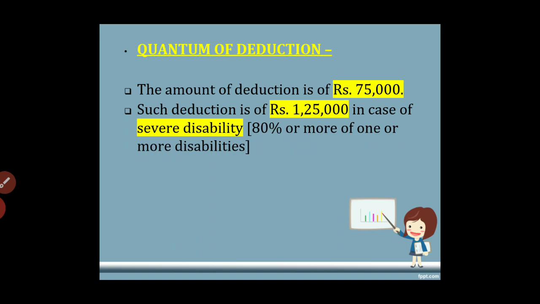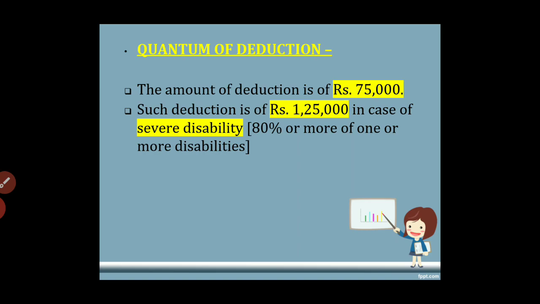Now the quantum of deduction, that means how much amount of deduction can be claimed by any assessee. Must remember this, students, the amount of deduction is rupees 75,000. That means annually any assessee, individual or HUF, can claim maximum deduction under section 80DD of rupees 75,000.